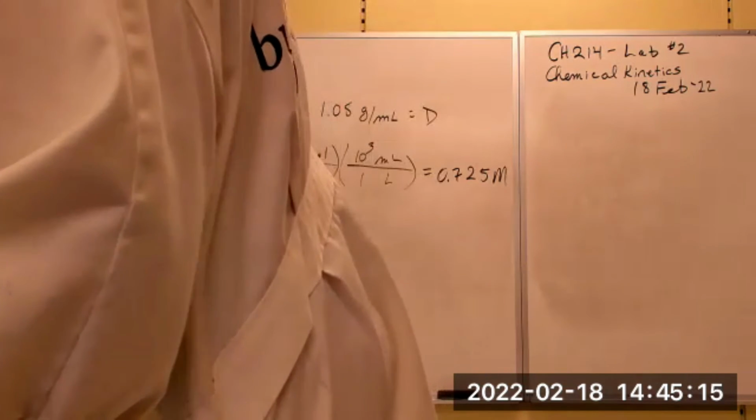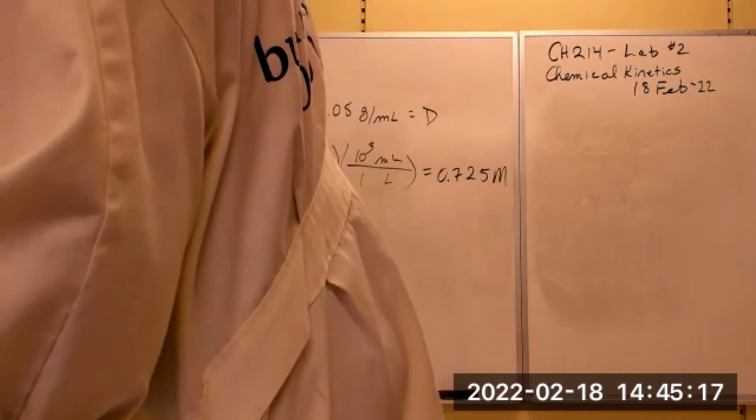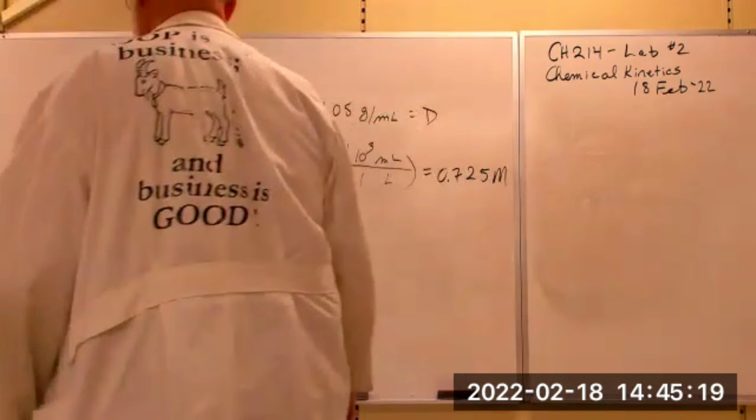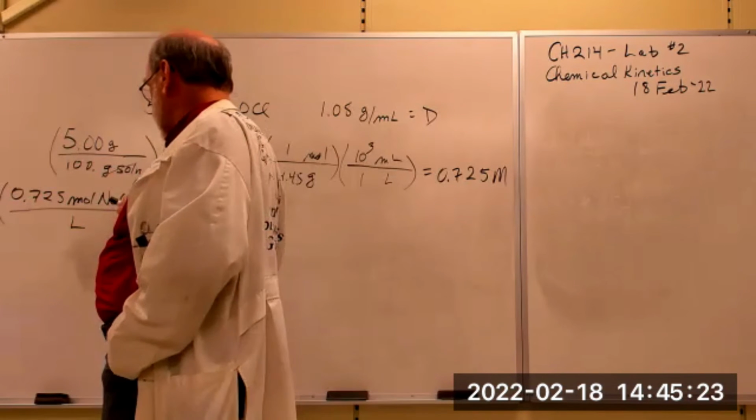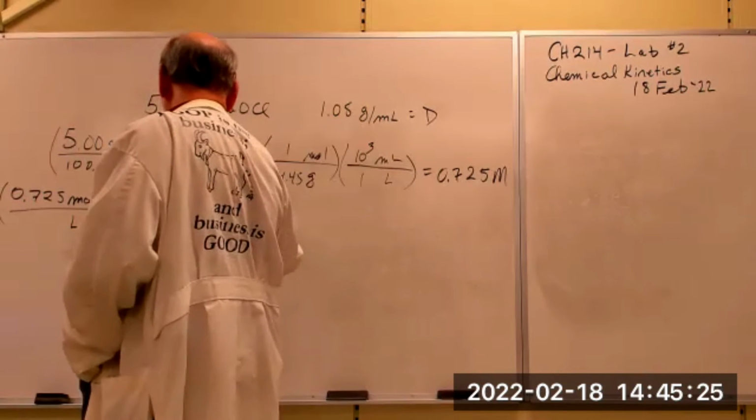And then the question says, how many grams of sodium chloride per liter do we need? So we've got the volume already. We just need to convert moles to grams.